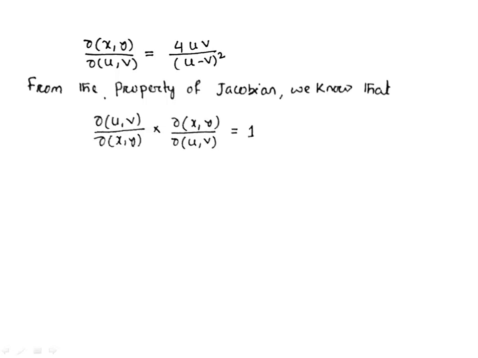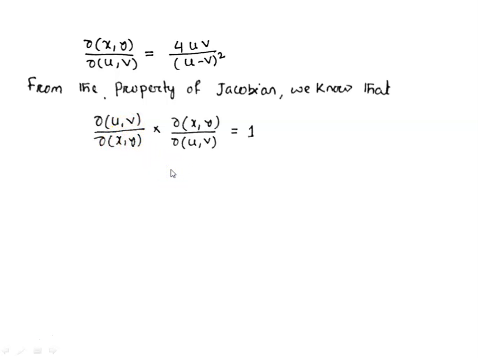From the first property of Jacobian, we know that Jacobian of uv with respect to xy into Jacobian of xy with respect to uv is 1. Now we have this with us, Jacobian of xy with respect to uv. But our question is to find out Jacobian of uv with respect to xy. So we can use the first property of Jacobian here to find out the Jacobian of uv with respect to xy.